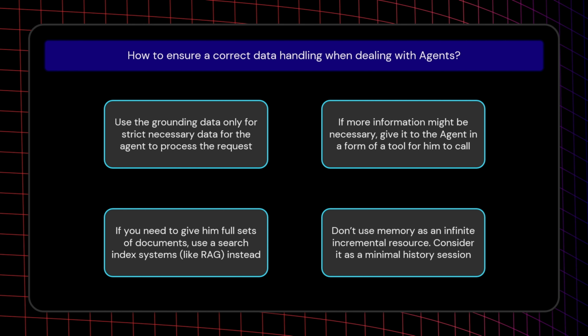And fourth, don't use the memory as an infinite incremental resource. If you keep stacking the memory in the same session ID and you always give that amount of data to an ongoing process, this will become bigger and bigger with time.